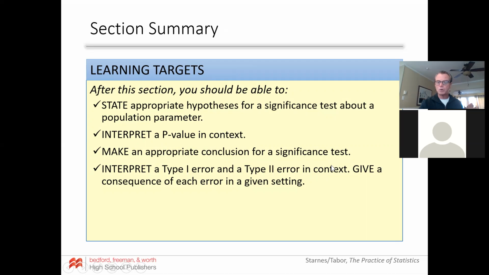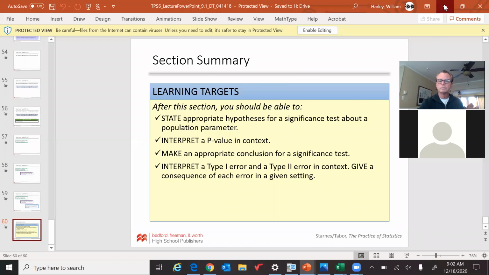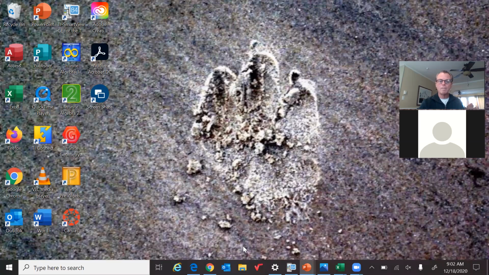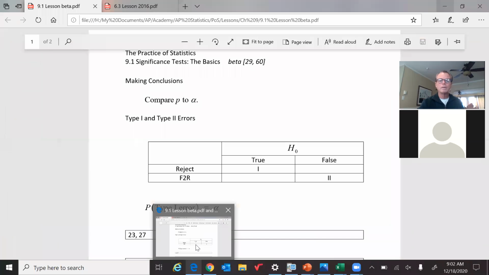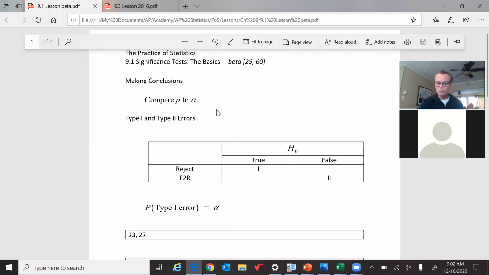And a type 1 and type 2 error can give a consequence, okay? So when you make a conclusion, you're comparing the p-value to the alpha level. If the p-value is smaller than the alpha level, you reject the null. If not, you fail to reject the null.